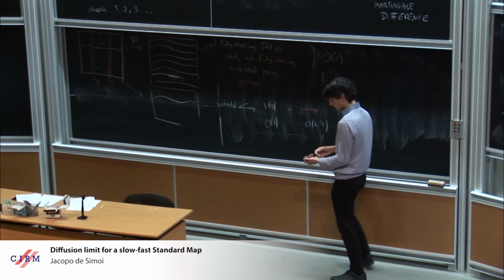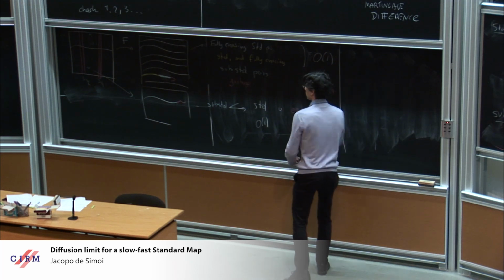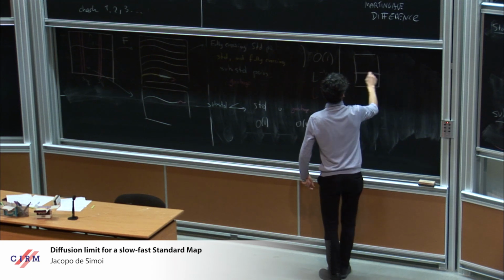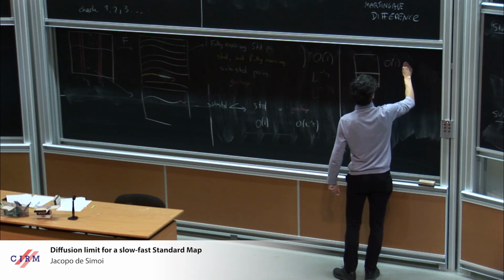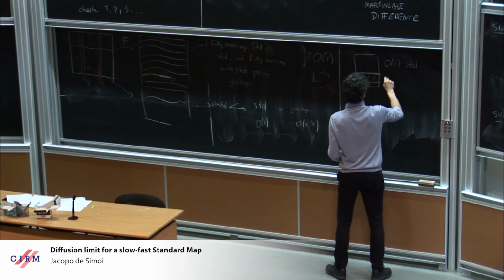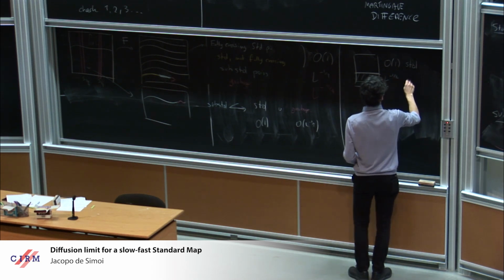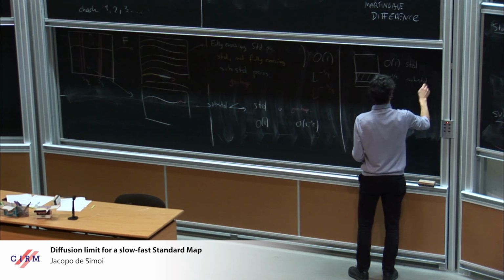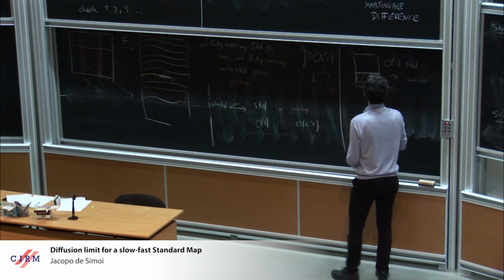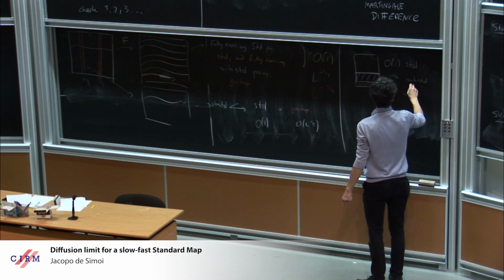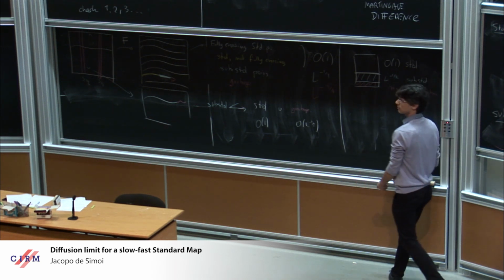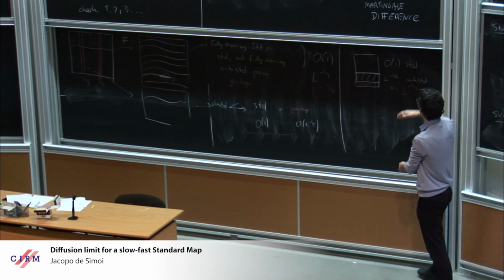So at the end of the day, what you get when you iterate is a big chunk of mass which is O(1), which is standard, a chunk of mass which is L to the minus 1/2, which is substandard, and a chunk of mass which is n, the number of times you iterate, times L to the minus 3/4, which is garbage. Okay? So iterate n times and you get this decomposition.